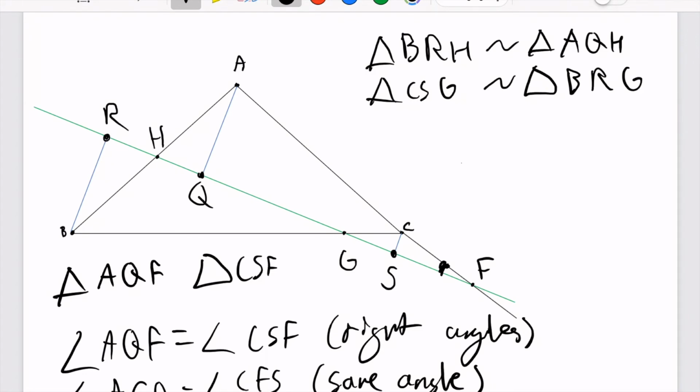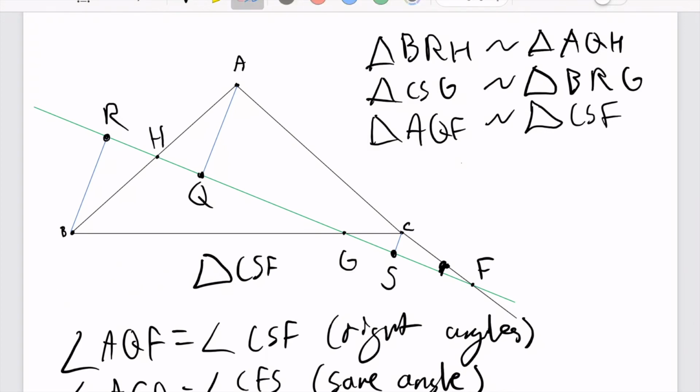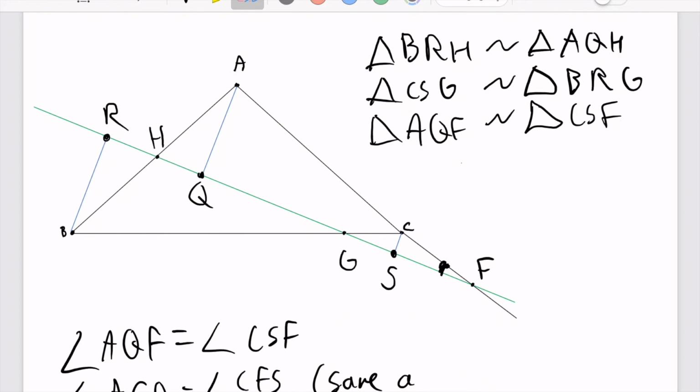Now, I'll go ahead and put it up here in our little notepad. So triangle AQF is similar to triangle CSF. Okay, now we've got all the machinery done.